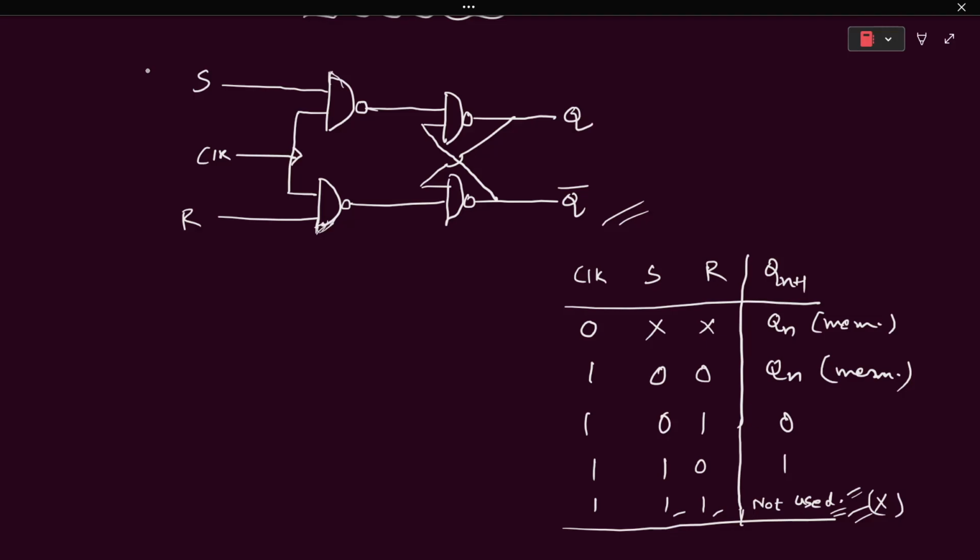So Q will be fed back into this one along with R and clock. So another input of this lower NAND gate is Q. And vice versa, Q complement will be fed back into this NAND gate. Yeah, so this is the process.